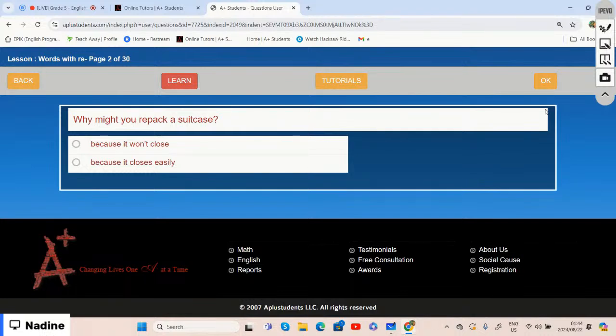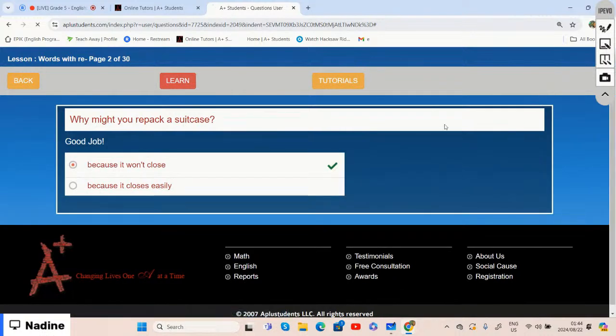All right. So if you were to repack your suitcase, then we will repack it because it won't close. Some of the things you need to take out, some of the things you need to leave, right?